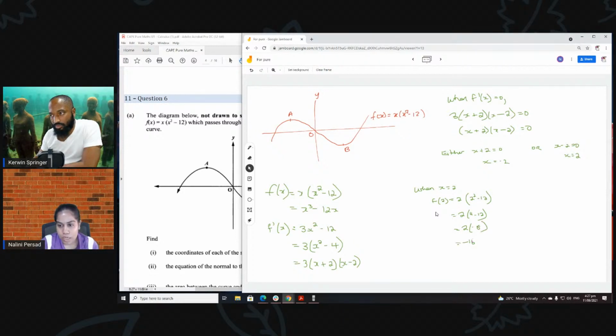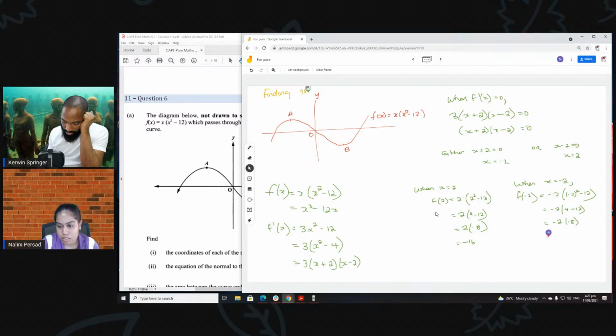And when x is equal to negative 2, f of negative 2, substituting wherever x is, negative 2 times negative 2 squared minus 12. It will just be the negative of it, so negative 2 times 4 minus 12, which is equal to negative 2 times negative 8, which is 16.